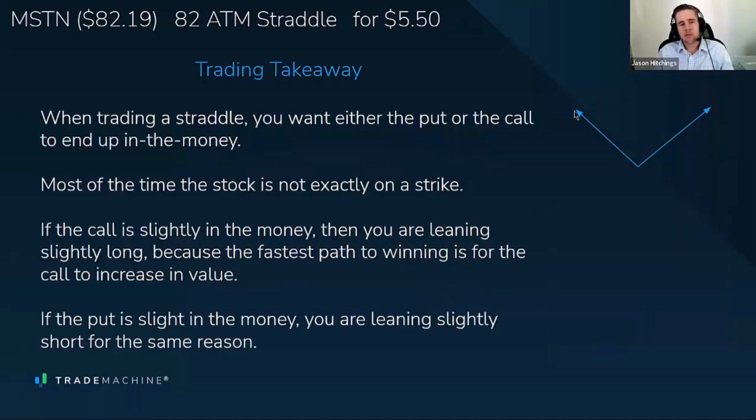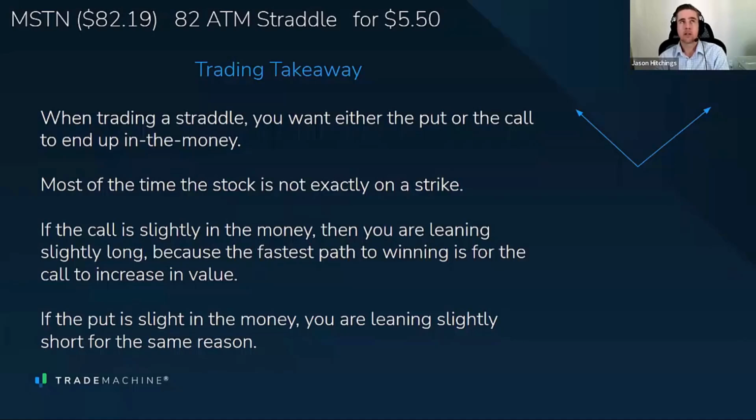Now we touched on this before, but we know that as the stock goes up or down in value, we're actually going to be not exactly delta neutral. We're going to be slightly long or slightly short deltas. Oftentimes, if you're trading a stock, if you're trading the SPY, you might have all the strikes you want and be able to get very close to at the money, but it's frequently the case that there might be a stock that's trading at $11.10, and the choices for strikes are the 10 strike or the 12.50 strike.